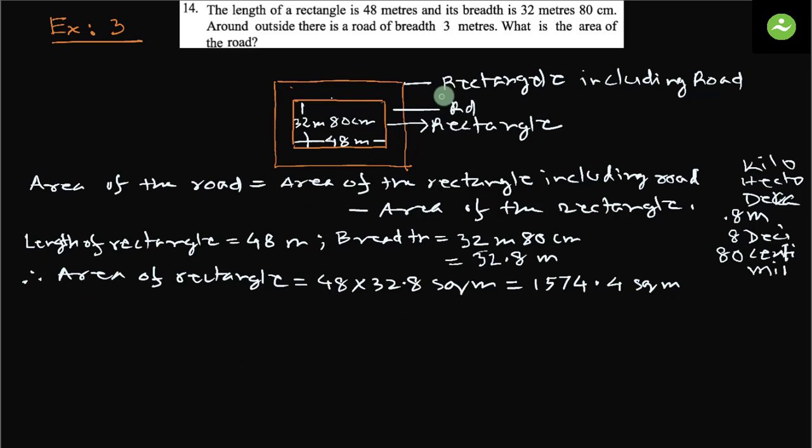Now we need to find the area of the bigger rectangle, that is the rectangle including road. But before that we need to find its length and breadth.